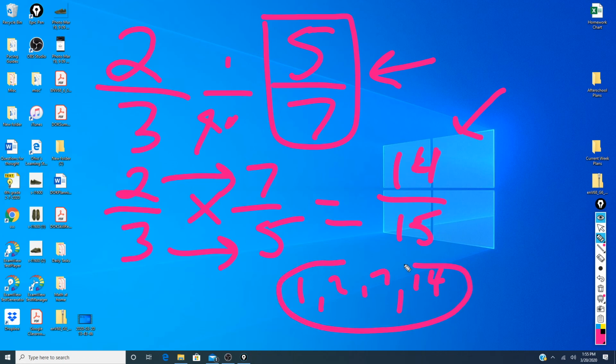Can any of these factors go into 15 evenly other than 1? The answer on that is no. So 2/3 divided by 5 over 7, your answer is 14 over 15.